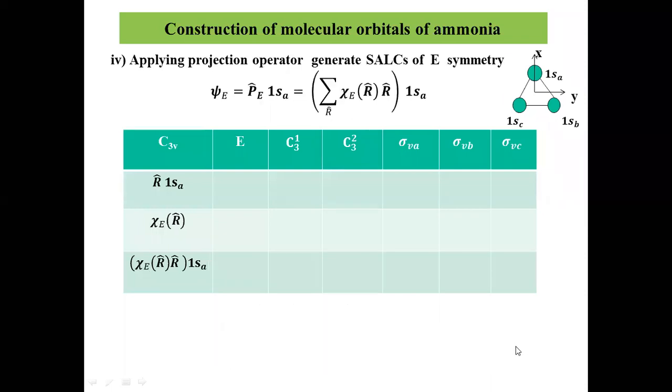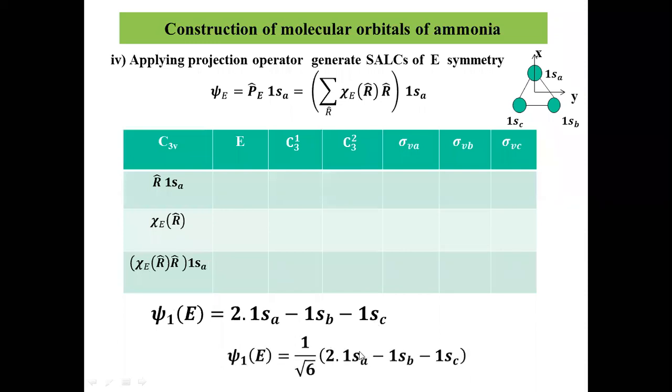Then we went on to find one of the E. There also we found it without normalization, and when we did the normalization, we got 1 by square root of 6, and then 2 into 1s A minus 1s B minus 1s C.